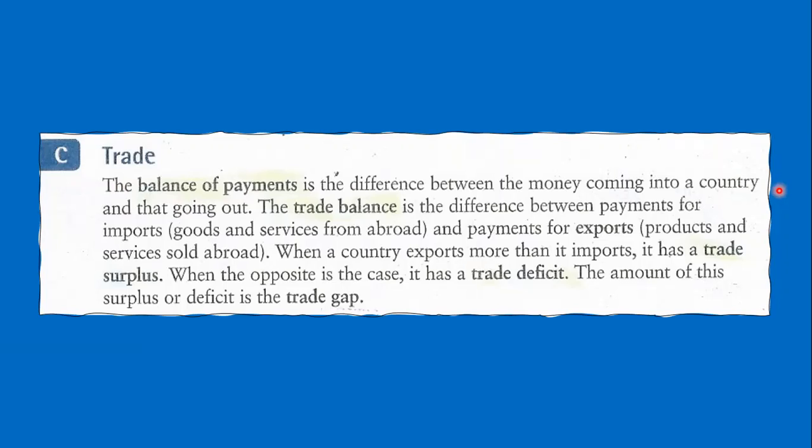The trade balance is the difference between payments for imports, so the things that you import from other countries, goods and services from abroad, and payments for exports. It is the products and services we sell to other countries. For example, what do we sell to other countries? What do we as Ecuadorians produce and sell to other countries?